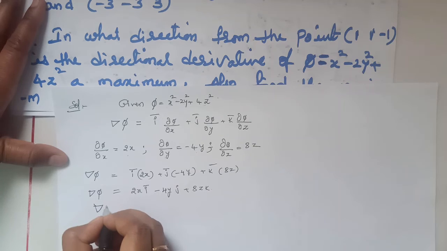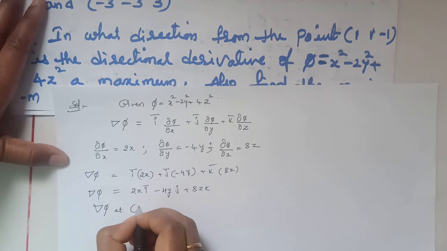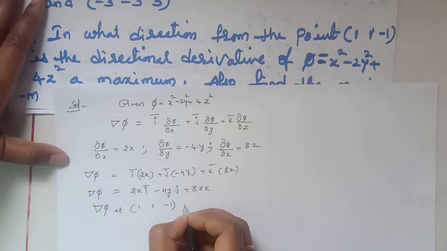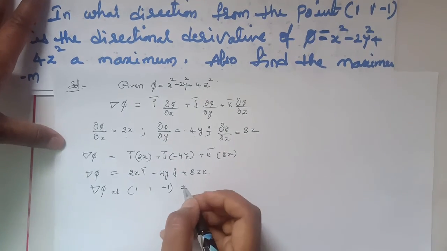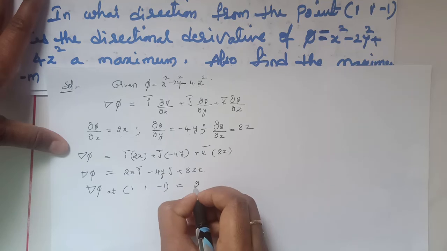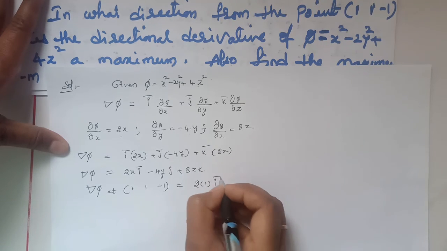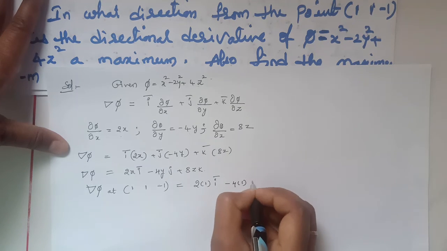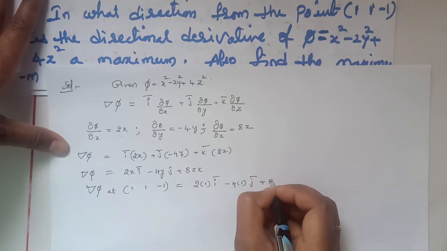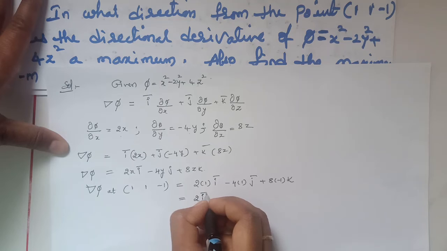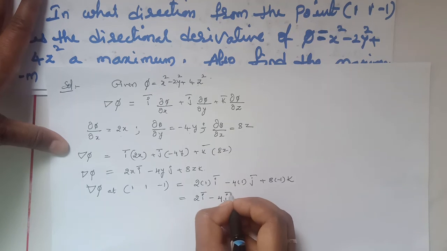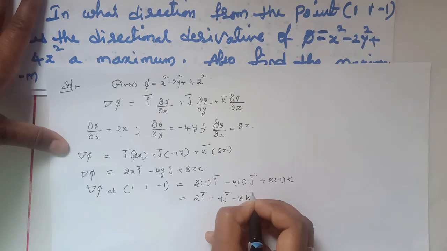Okay, this is del phi. So del phi at 1, 1, minus 1, what is the del phi value? So 2 into 1 into i bar minus 4 into 1 is j plus 8 into minus 1 into k. This is equal to 2i minus 4j minus 8k.